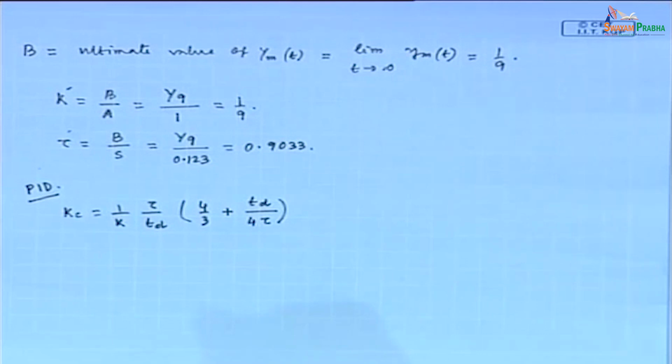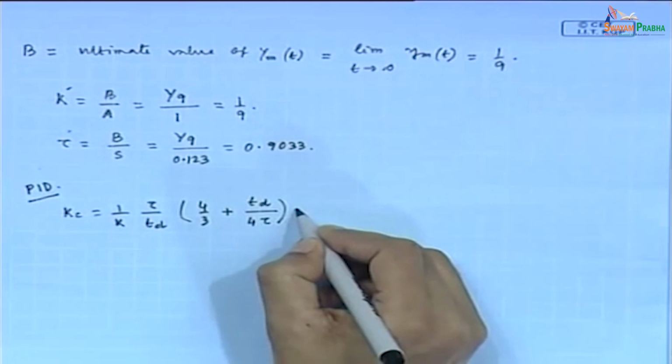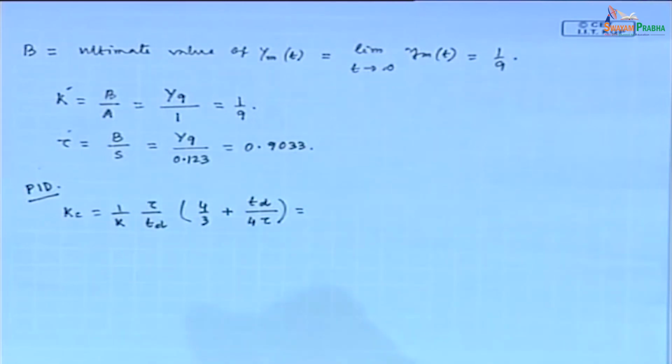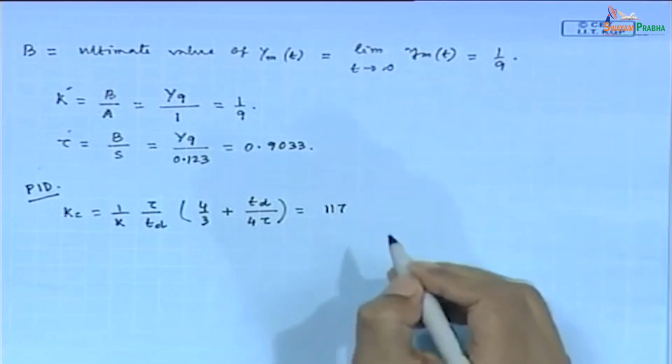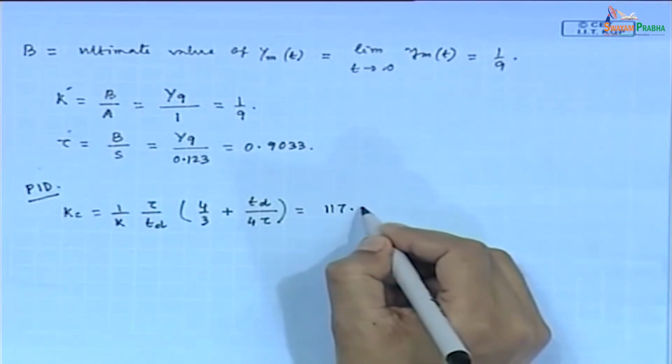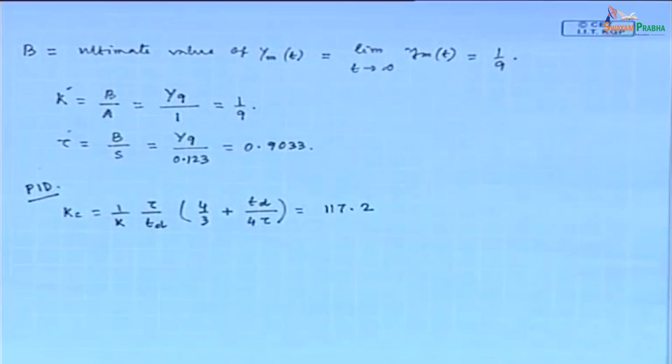So, we know the values of tau, Td and K. Substituting the values of K, tau and Td, we obtain Kc equals 117.2.